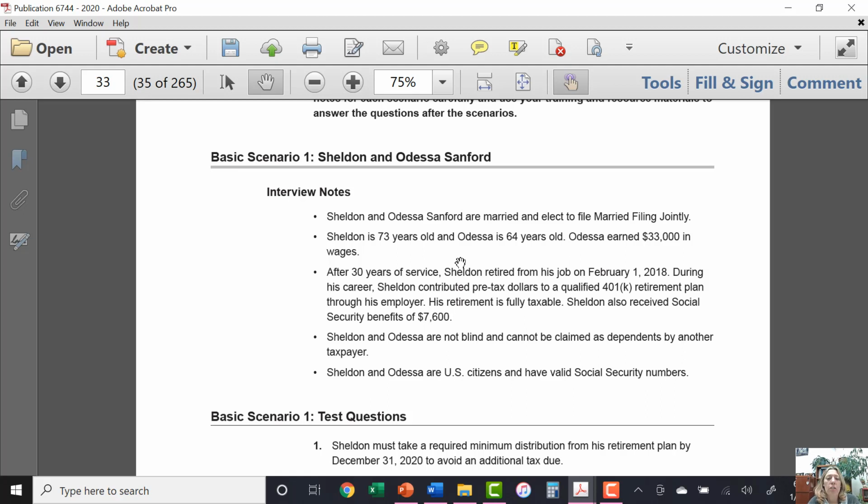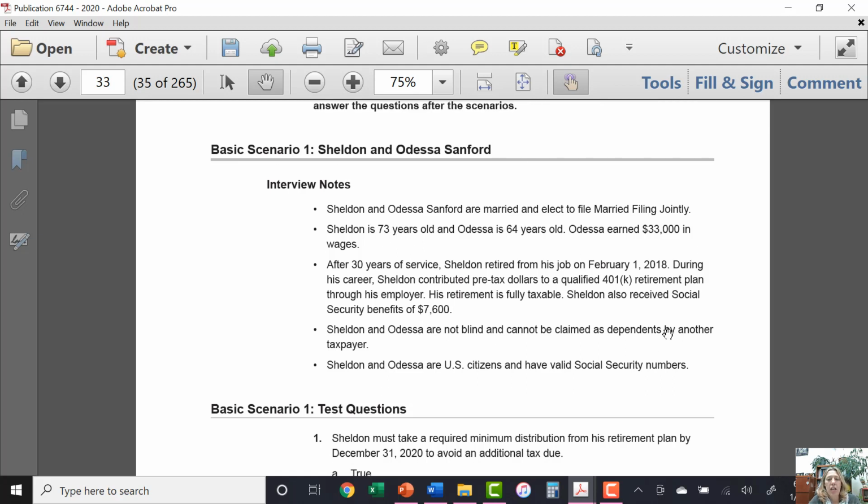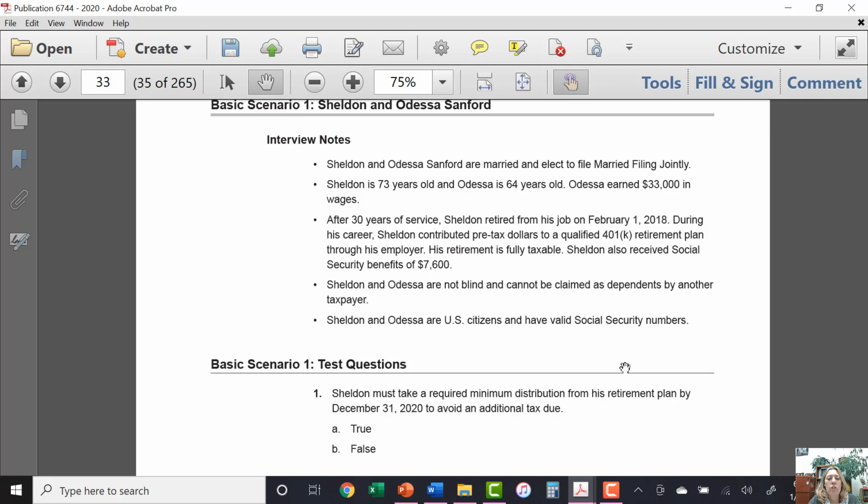During his career, Sheldon contributed pre-tax dollars to his 401k through his employer, so his retirement when he receives it is going to be taxable. Sheldon also receives Social Security benefits. Sheldon and Odessa are not blind and cannot be claimed as dependents by another taxpayer. Okay. Odessa is not considered elderly, but Sheldon is. That comes into play for the standard deduction, which we're not going to talk about until the next video. They are both U.S. citizens and have valid Social Security numbers.